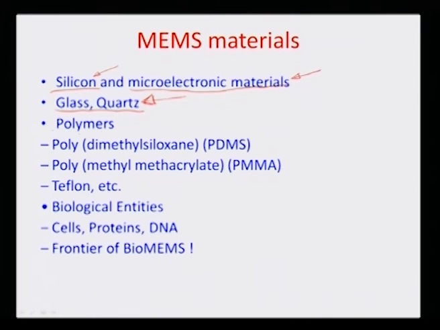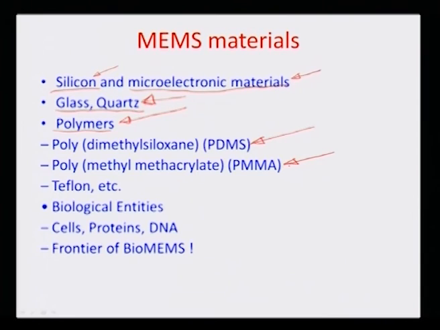Then another whole class of materials which are nowadays increasingly used for microsystems fabrication are polymers, particularly PDMS or polydimethyl siloxane, which is considered a very biofriendly material, and is most used in biomedical MEMS or biomedical microdevices. And then of course PMMA, polymethyl methacrylate, which is also an e-beam resist, and is used increasingly for e-beam lithography and other applications.